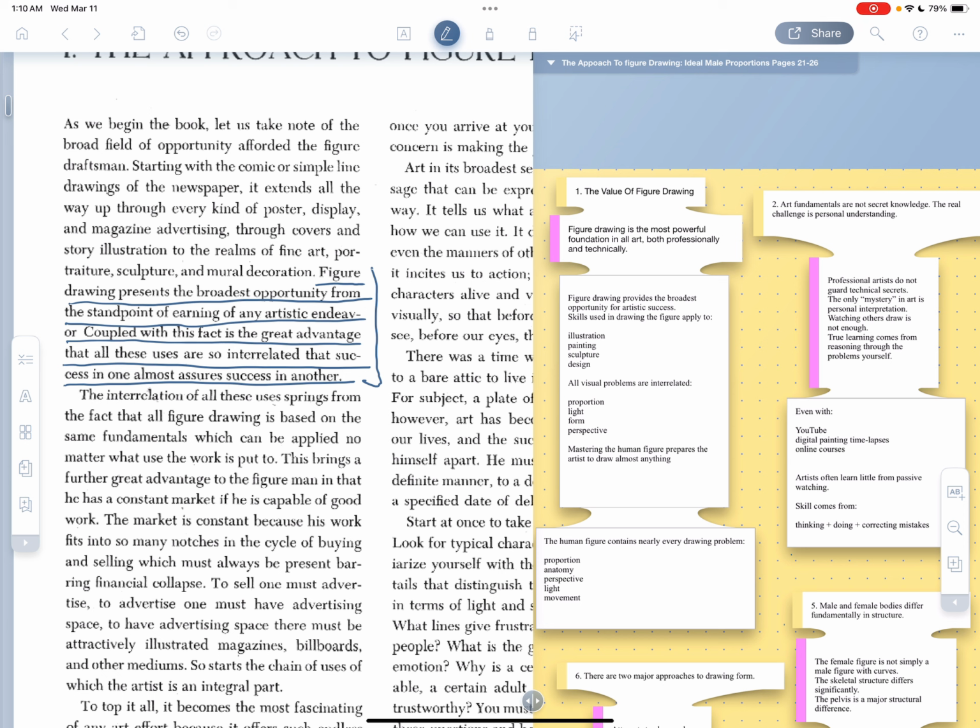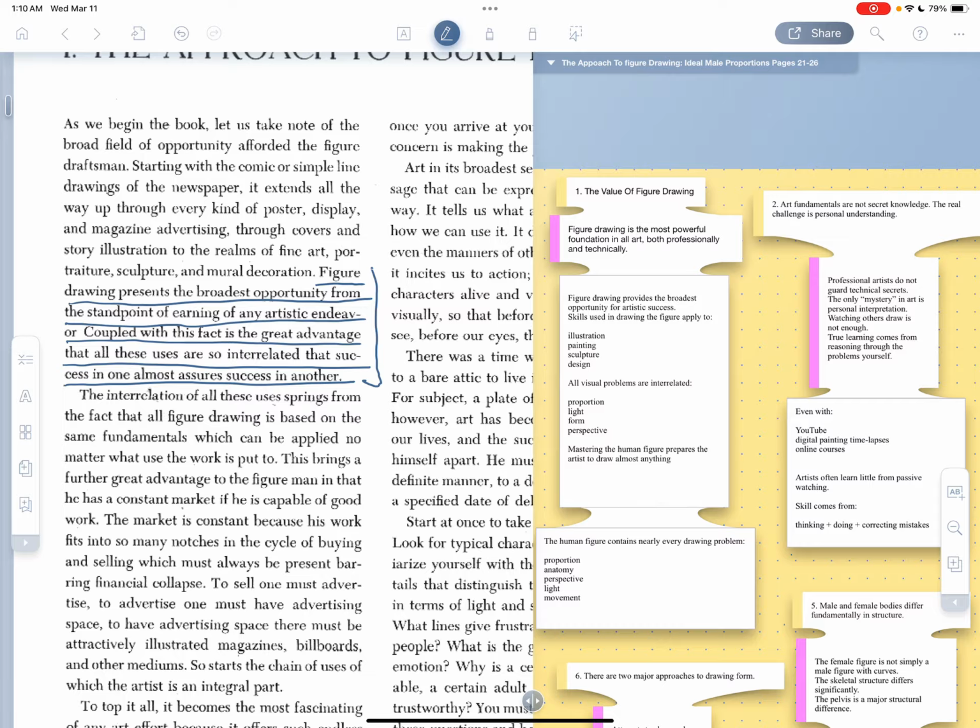Figure drawing presents the broadest opportunities from a standpoint of earning of any artistic endeavor, coupled with the fact that the greatest advantage is that all these uses are interrelated with success and almost assure success in another.